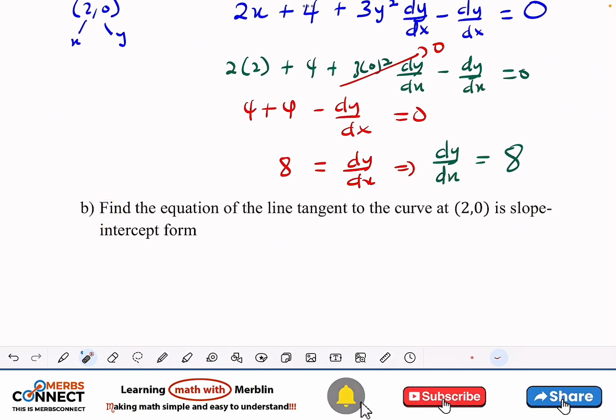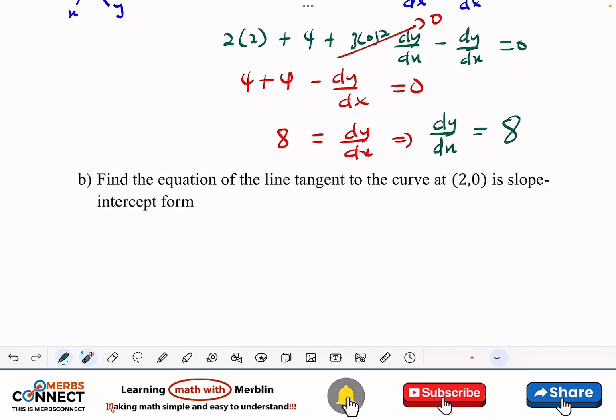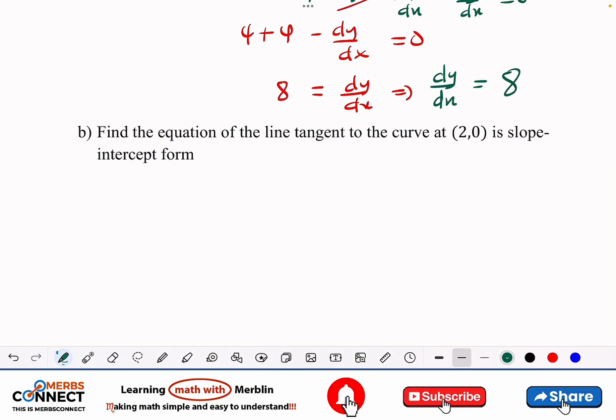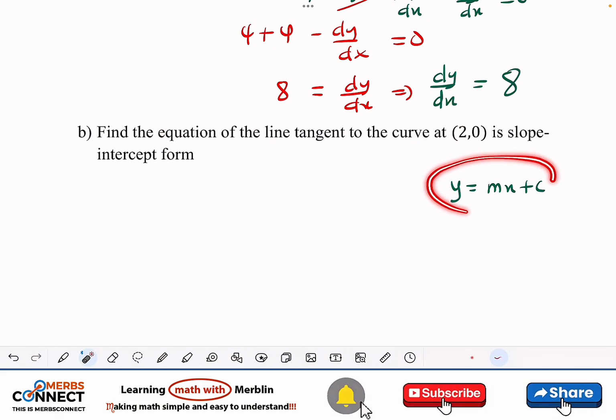Find the equation of the line tangent to the curve at 2 and 0 in the slope intercept form. When I say slope intercept form, this is what we are talking about: y is equal to mx plus c. So when you are done solving, you need to simplify it in a way that you get this.